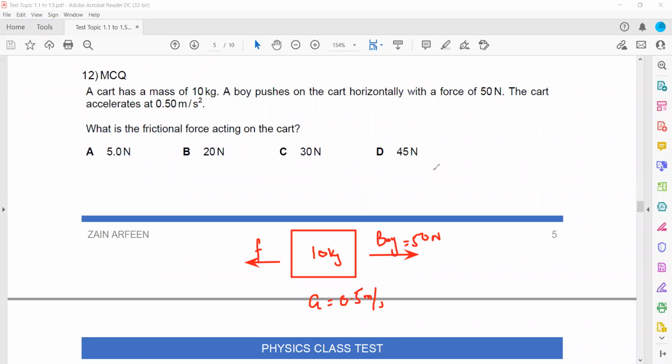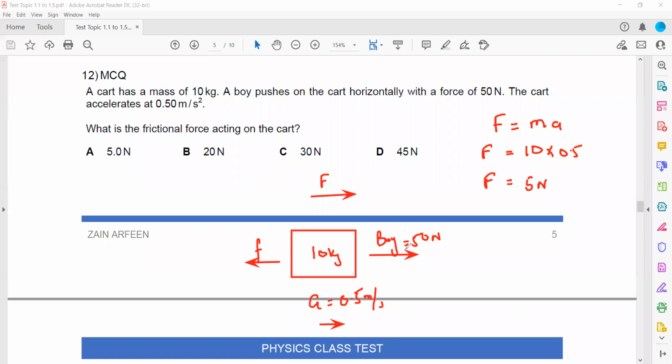So first we'll find the resultant force. How can we find the resultant force? We'll use the formula F equals ma. The mass is 10 and the acceleration of the system is 0.5. So 10 multiplied by 0.5 equals 5 Newton. As this is accelerating towards the right hand side, the resultant force is 5 Newton.